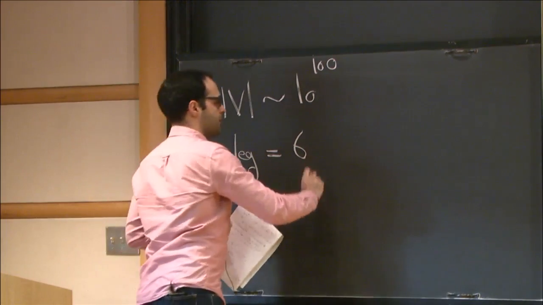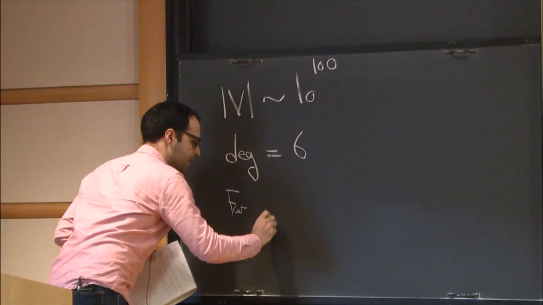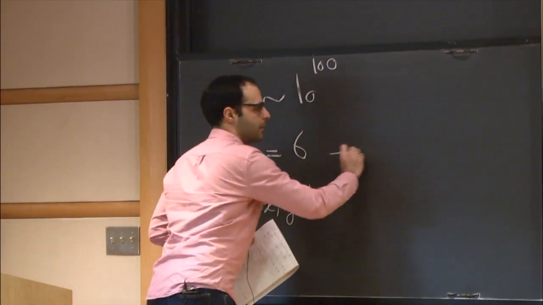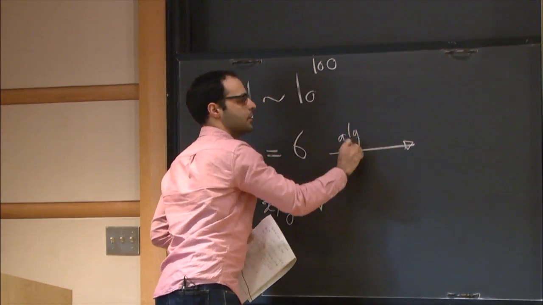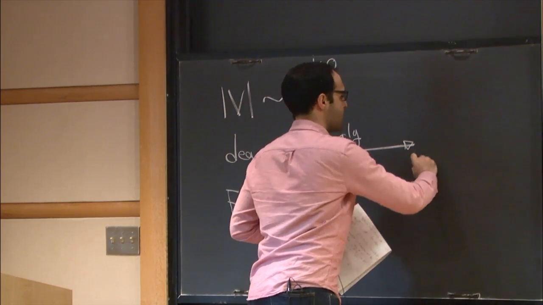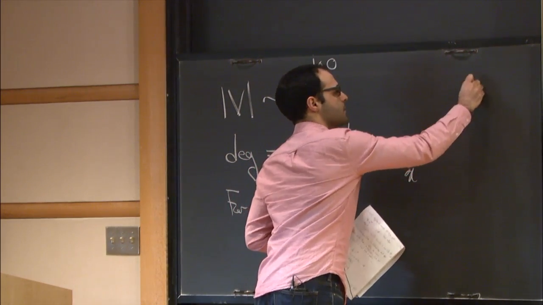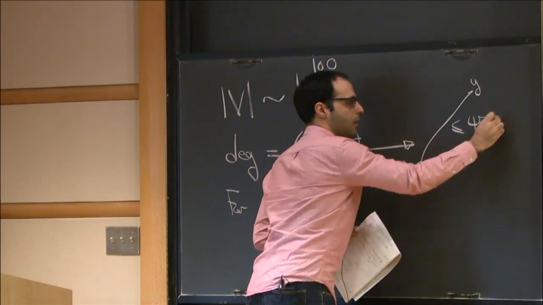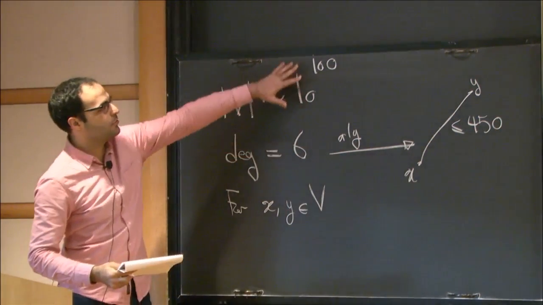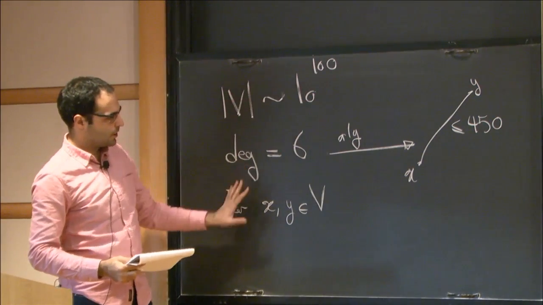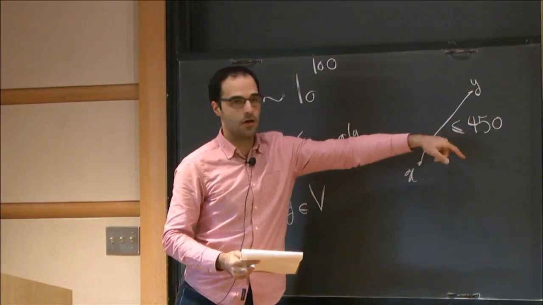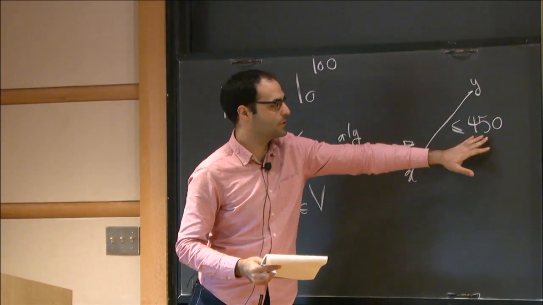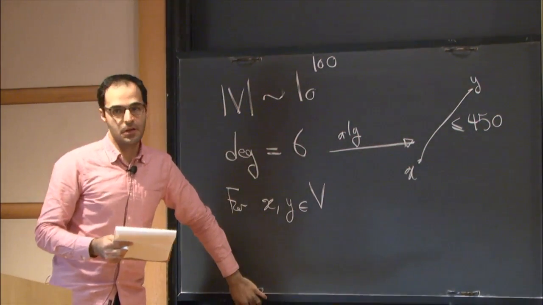For every vertices x and y inside the graph, the algorithm outputs a path from x to y such that the size of the path is less than 450. So you can imagine it's a huge network, but every 2 points are connected computationally fast by only using 450 edges.